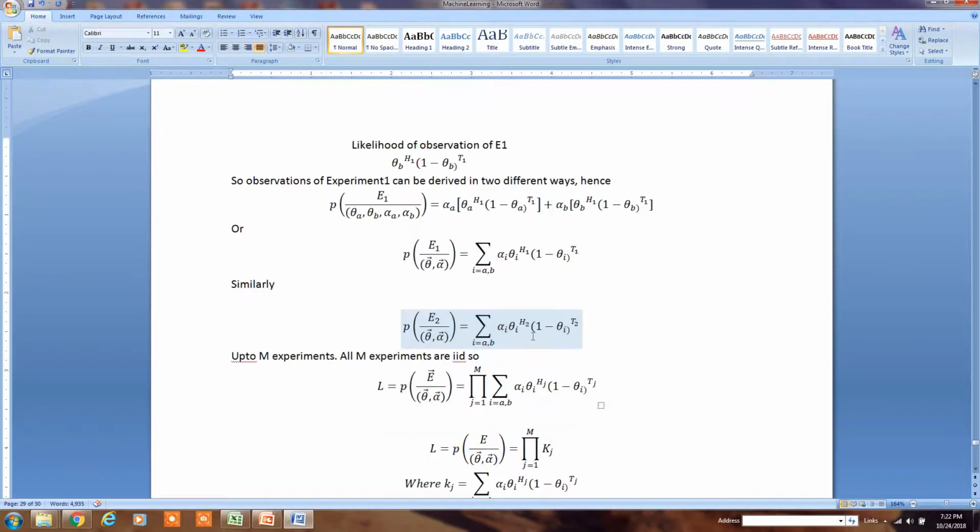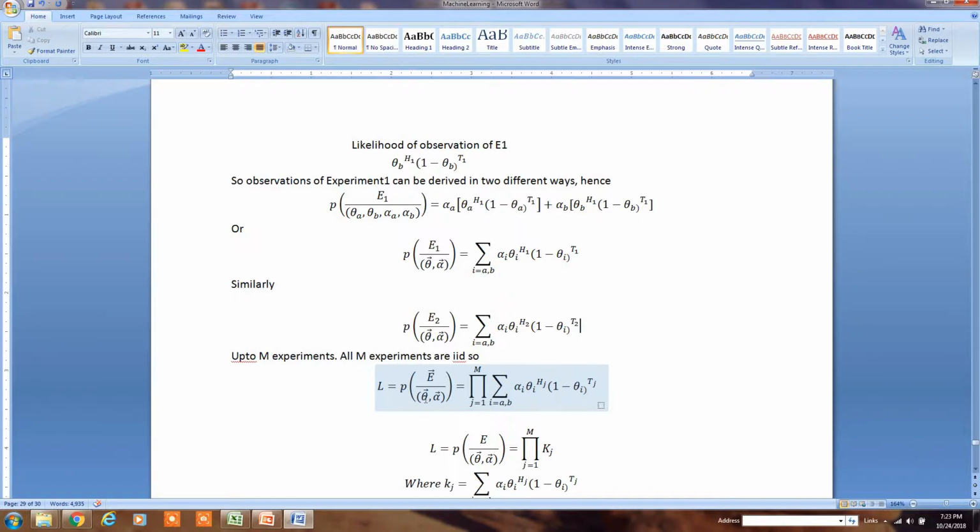Now similarly, we repeat this experiment m times, and we say, okay, we have done m number of experiments. This is the observation. Now all the experiments, like experiment 1, experiment 2, experiment 3 and so on, are independent of each other. Observation of experiment 1 does not influence the observation of experiment 2.